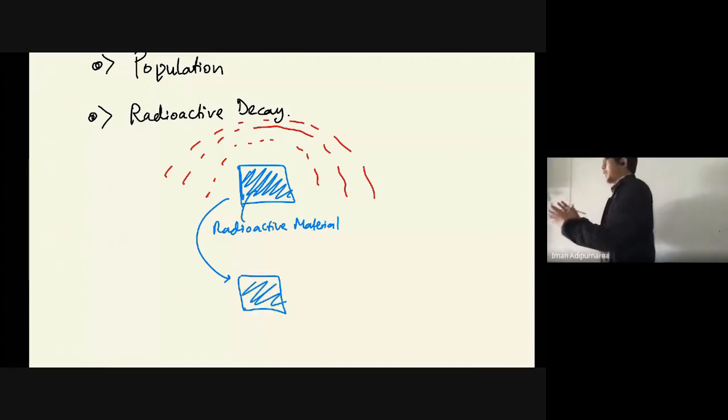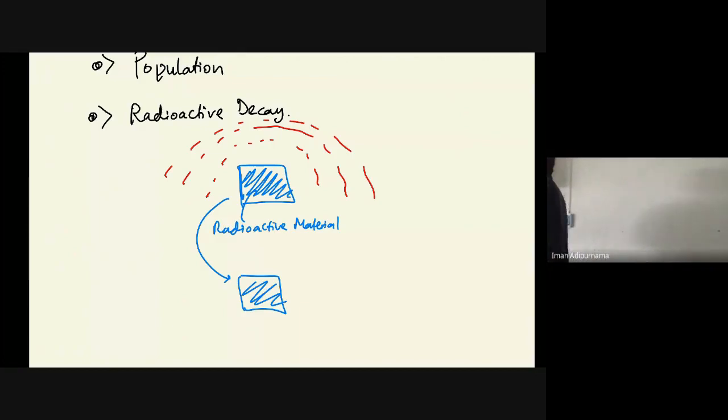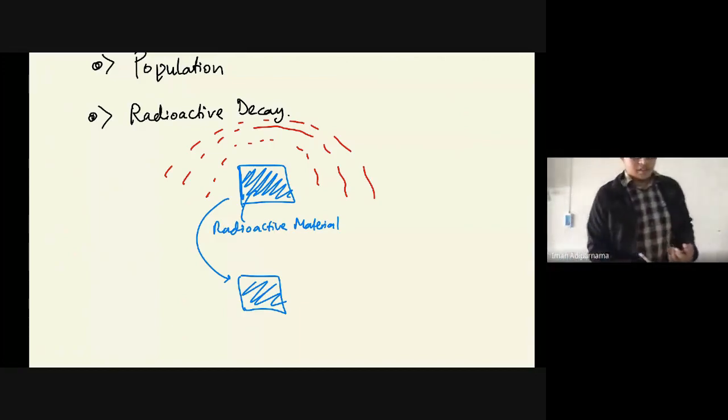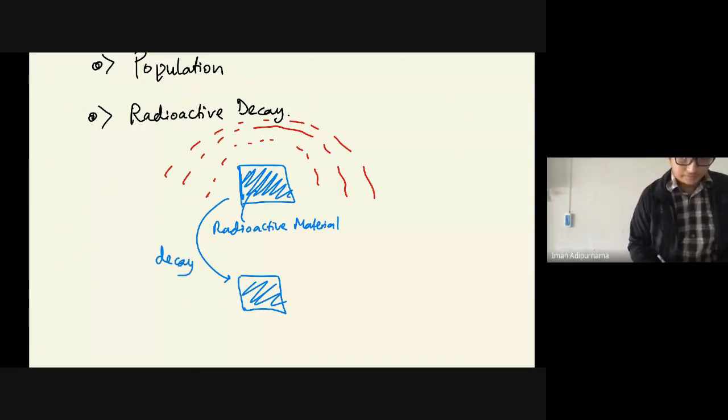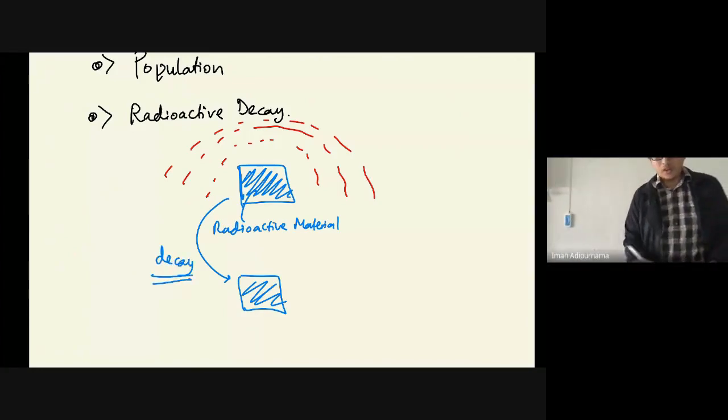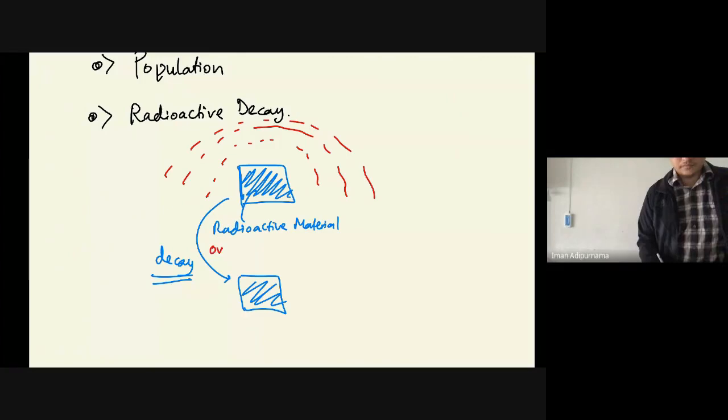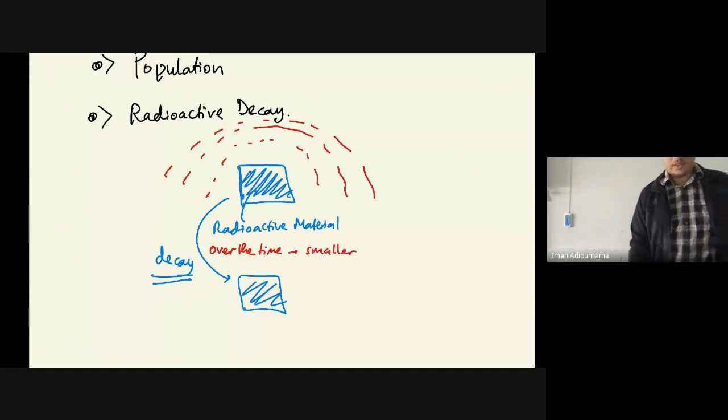The radioactive material itself, that's what we call a decay process. So this is decay. Over time, it's getting smaller.